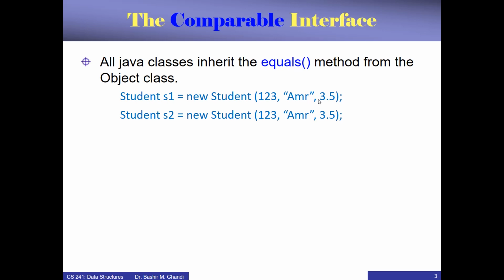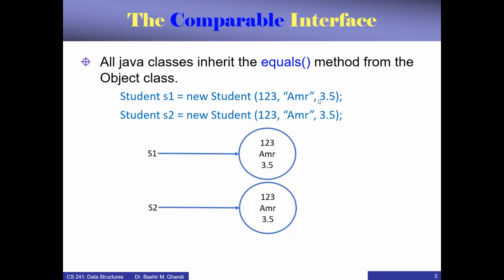Obviously, since you use new to create each of these, they will be allocated memory independently in the RAM. So s1 will be allocated its object in the RAM, and s2 will also be allocated its object in a different location in the RAM.